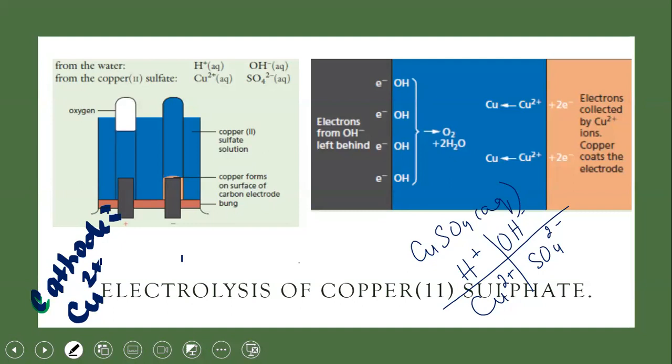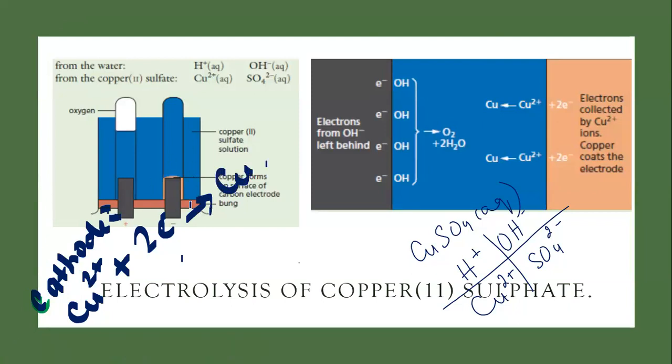So should I add electrons or subtract electrons? Add electrons. How many electrons? 2. Good job. And what will I get at the very end? Cu. Correct. So copper metal will form at the cathode. Look over here, you can see the copper color forming at the electrode. Well done.